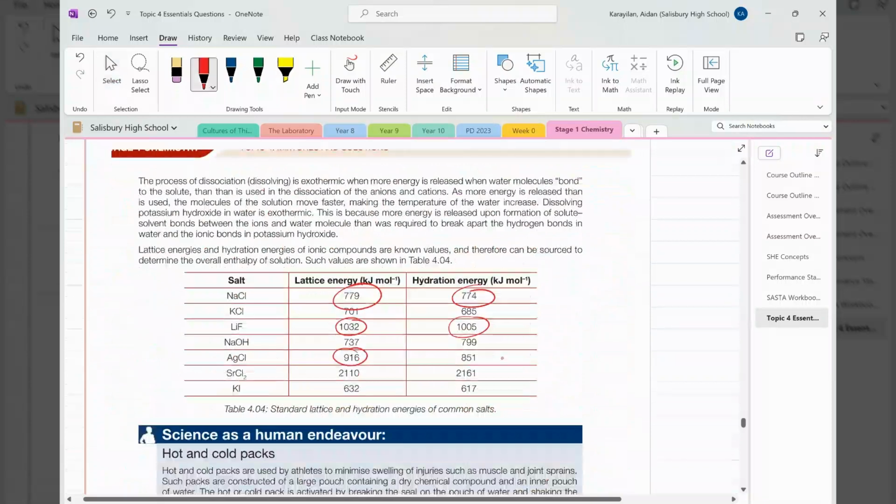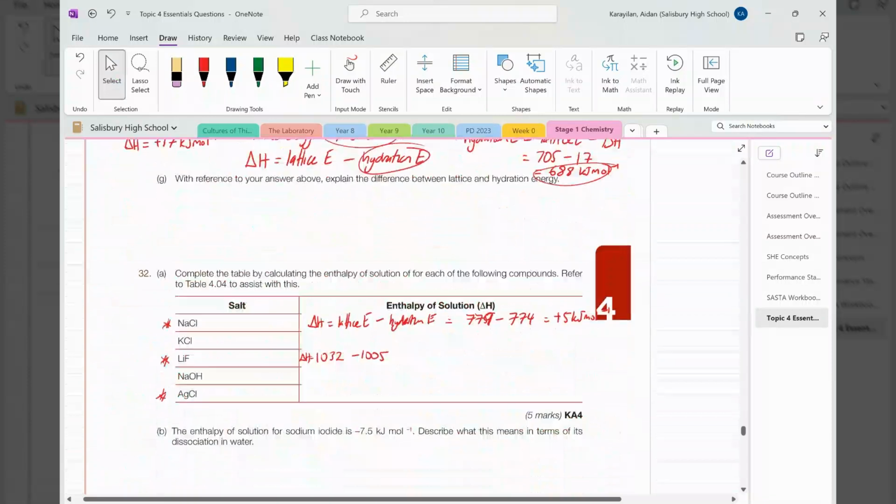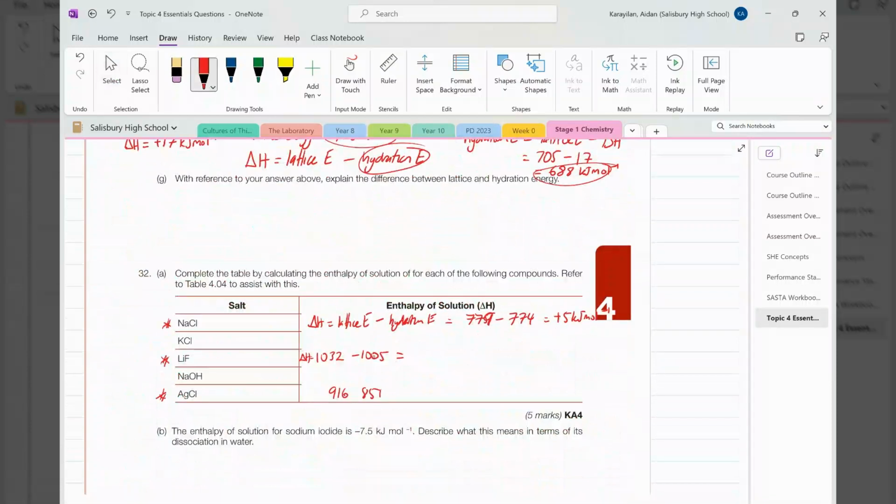916 and 851. I'll just write them down while I'm there. Okay, this one here would then be equal to 23, no, what is it?